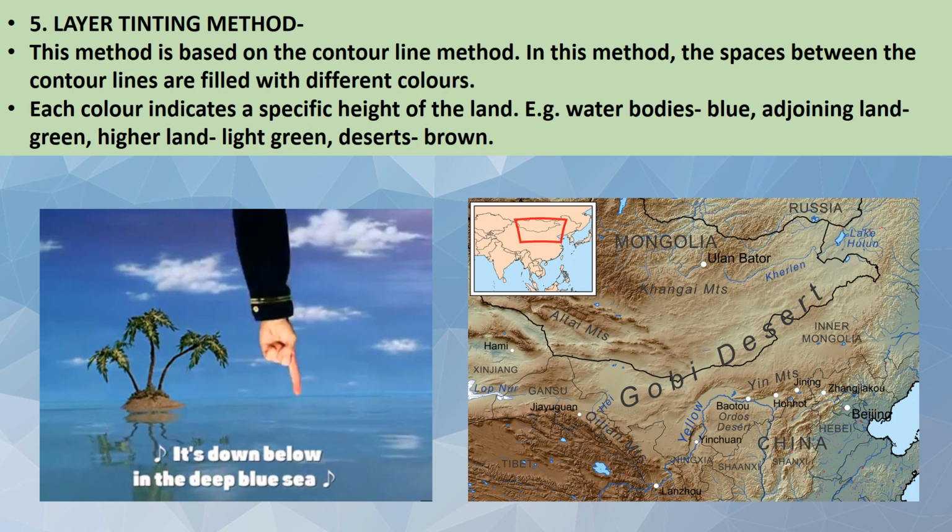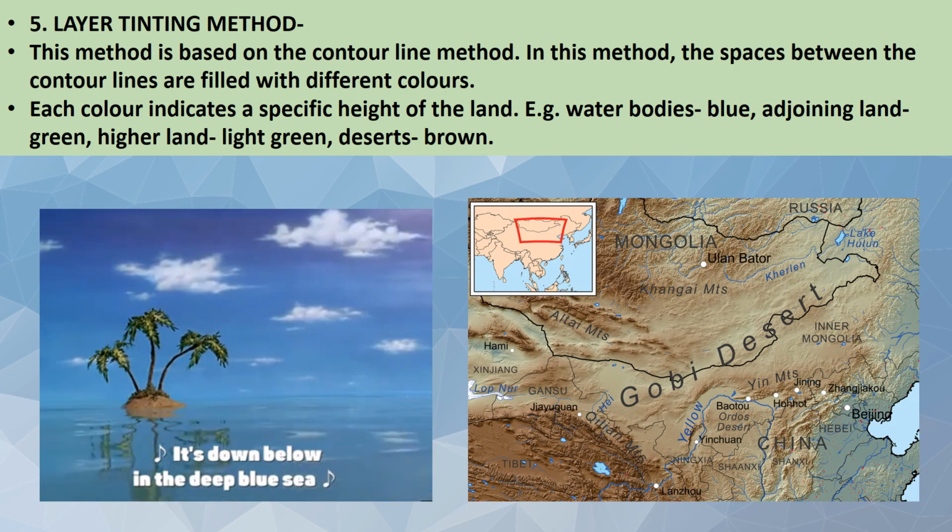In this method, the spaces between the contour lines are filled with different colors. Each color indicates a specific height of the land. For example, water bodies are colored in blue, adjoining land in green, higher land in light green, and deserts in brown.